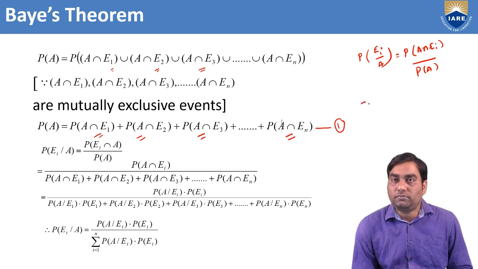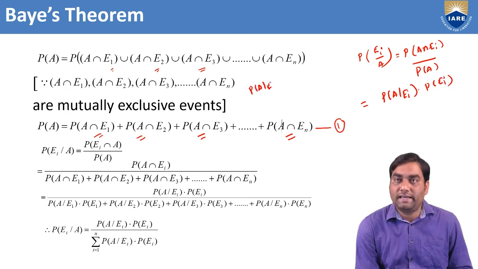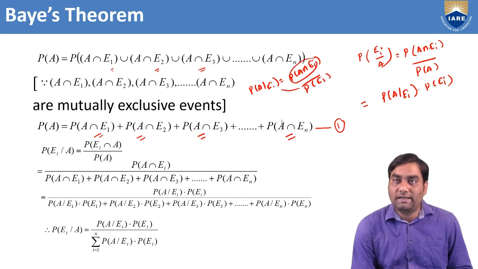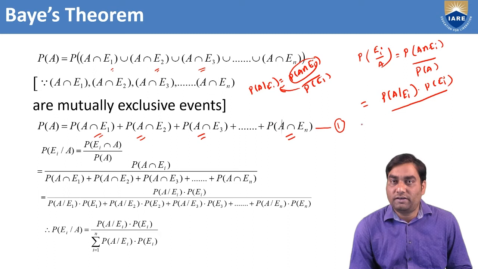Now, P of A intersection Ei also can be written as P of A by Ei into P of Ei, because P of A by Ei, according to conditional probability, is P of A intersection Ei by P of Ei. If I want this term, we can multiply these two. P of A we can write from 1.